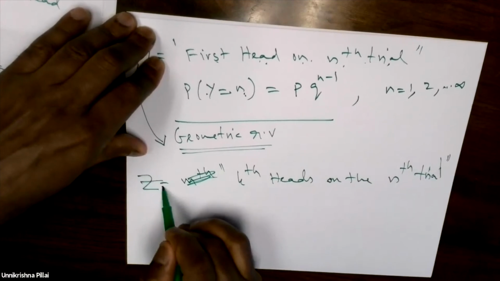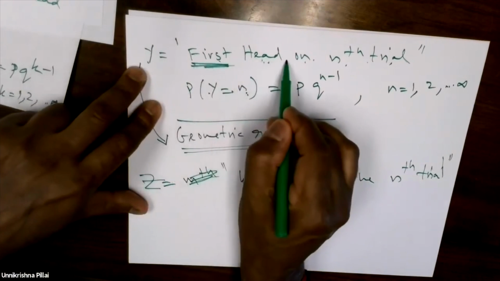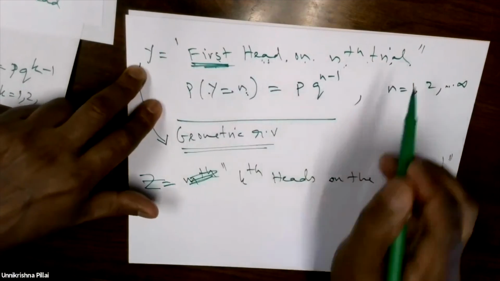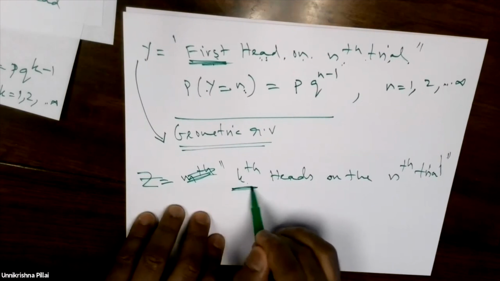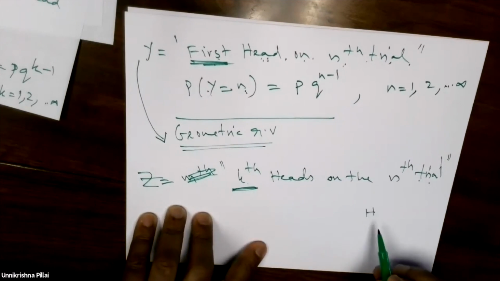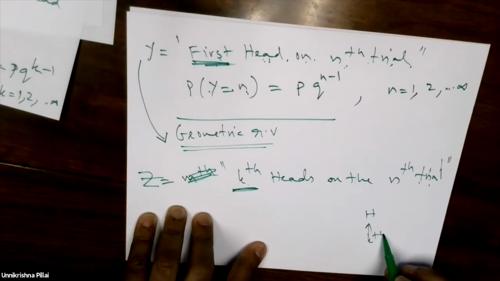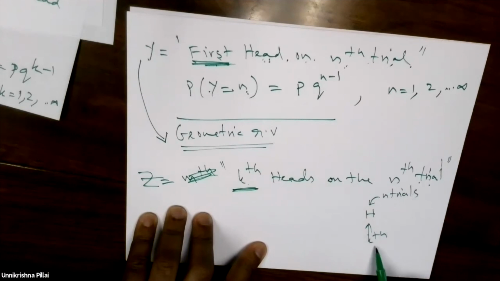I'm defining a new random variable. I hope you can see that before, it was the first head: first head appears on the nth trial. That means you just want to succeed. Here you want success after success. You want K heads, but the Kth head is going to show up. When the Kth head comes, the last one is going to be the Kth head, and this is the nth trial. Then you stop.